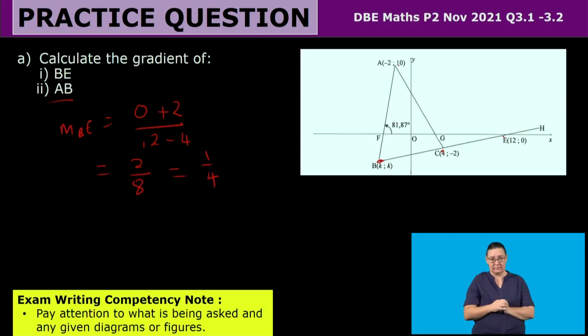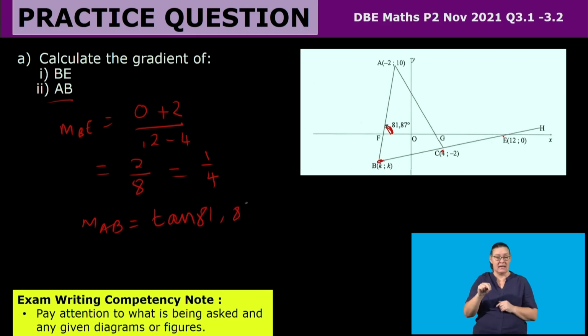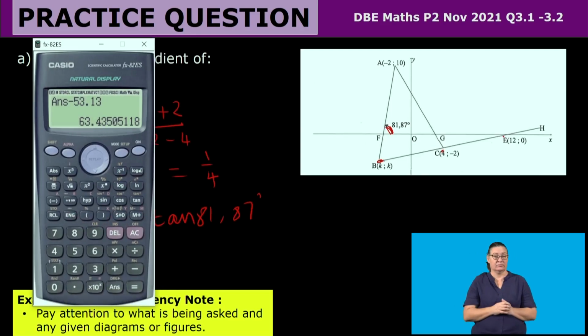Now to work out the gradient of AB, remember I said to you it's important, they've given us this little angle here. So I can say the gradient of AB is going to be equal to tan of 81,87 degrees. And let's use our calculator. Tan of 81.87 is equal to 7.